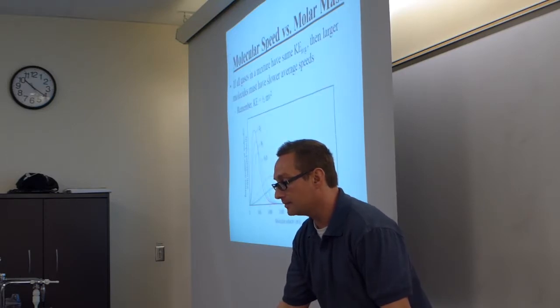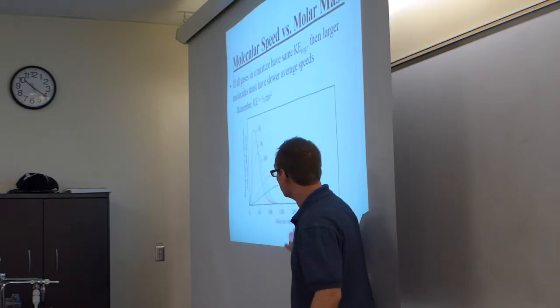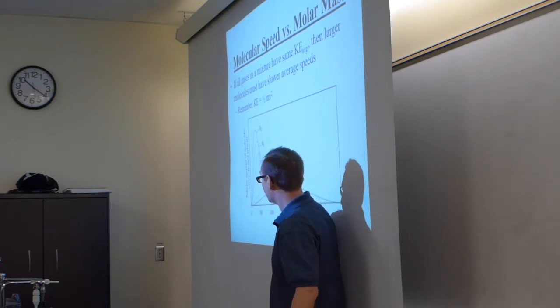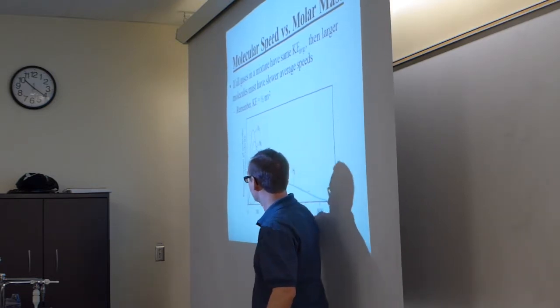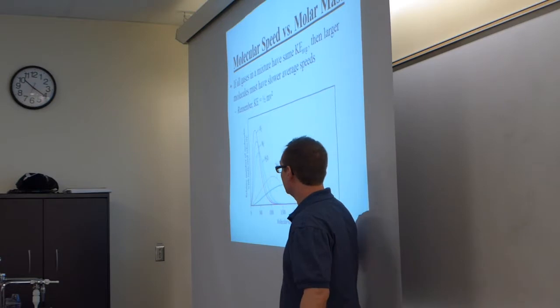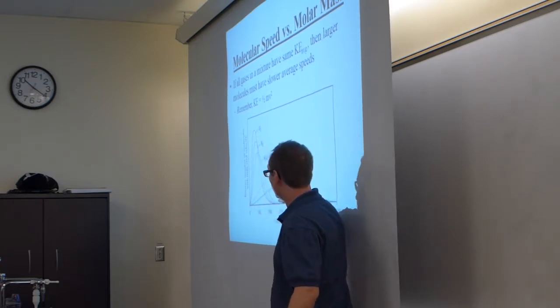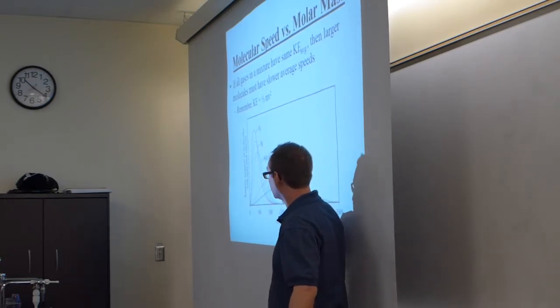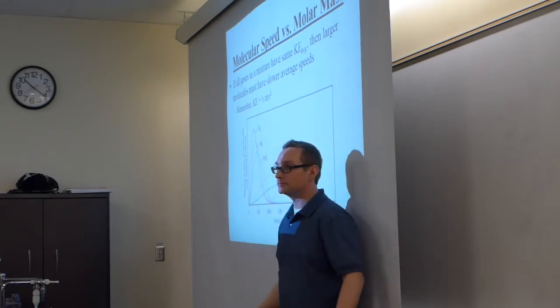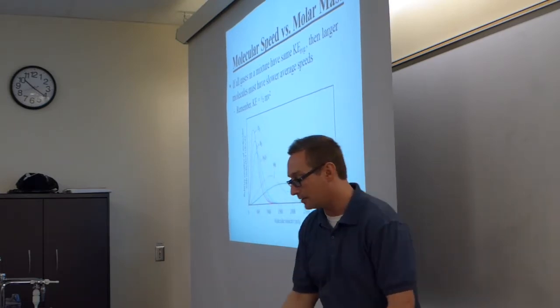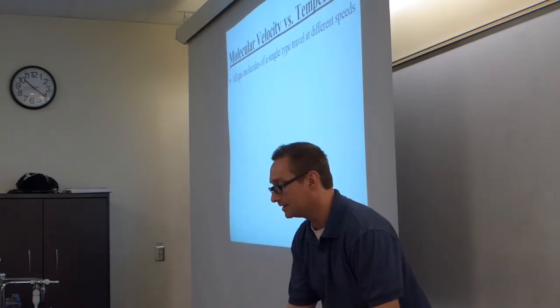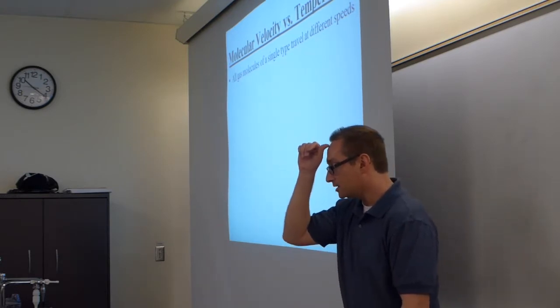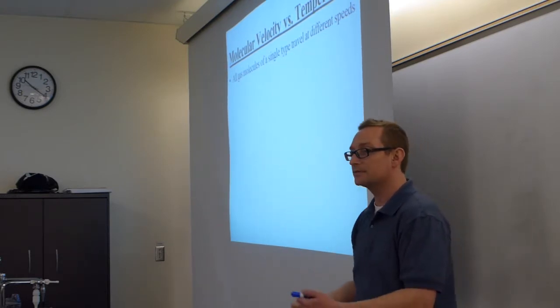Looking at gas velocity versus temperature though, notice how hydrogen has a distribution of velocities, but what we don't know is what this distribution looks like at a given temperature. How does temperature affect that velocity? Gas molecules will travel at different speeds at different temperatures.